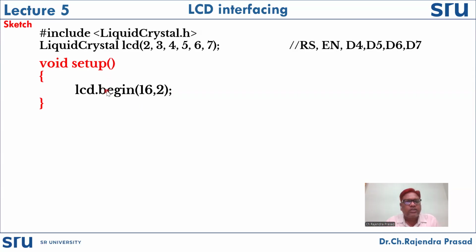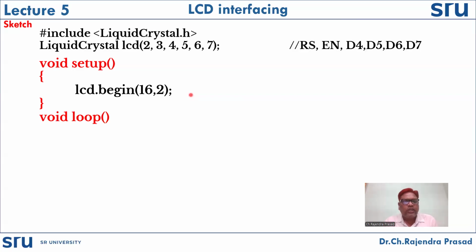Once our setup is completed, we need to write our actual application. In our actual application, we need to display the YouTube channel RP EduTech in the first line and YouTube channel in the second line. So now let us see.